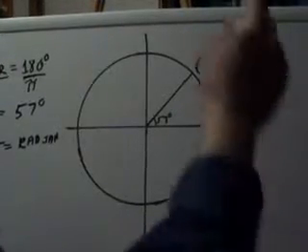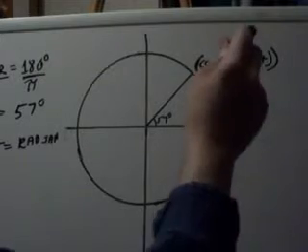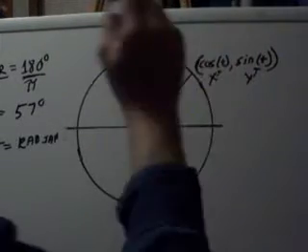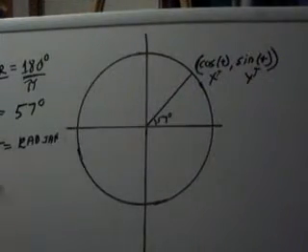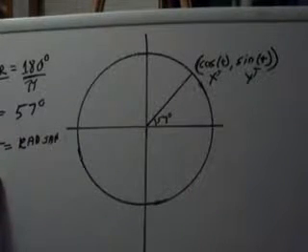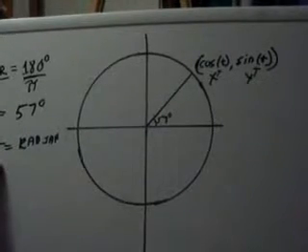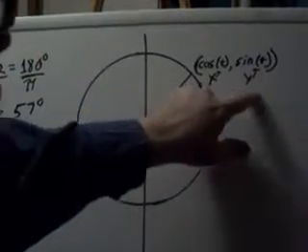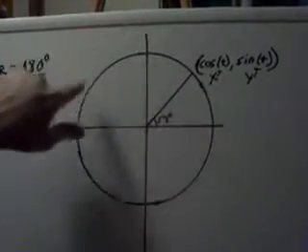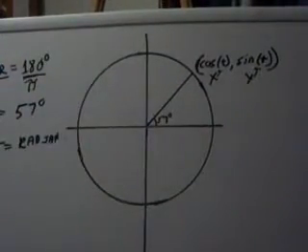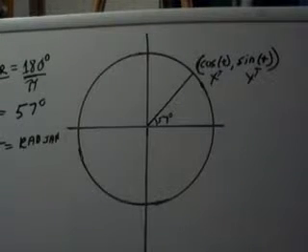Sometimes y will increase, sometimes x will increase, sometimes y will decrease, and sometimes x will decrease. And it will all be based on the t. This is going to go up no matter what, but these two may go up or down depending on what position they are on the circle. And that's why you have to have a parametric function.